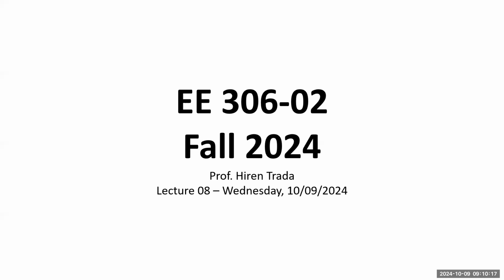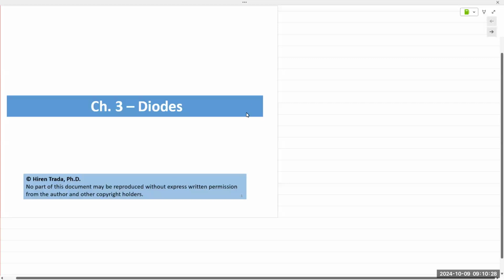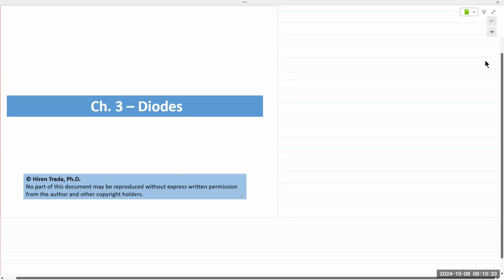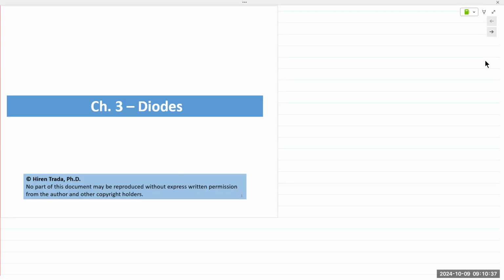Today we begin chapter 3, diodes. That's the first of the semiconductor devices that we will study in this class. My plan is we first look at what a p-n junction is, some of the electrostatics, what happens when you bring a p-type and n-type semiconductor together, and the interactions between the charge carriers that take place at the junction.